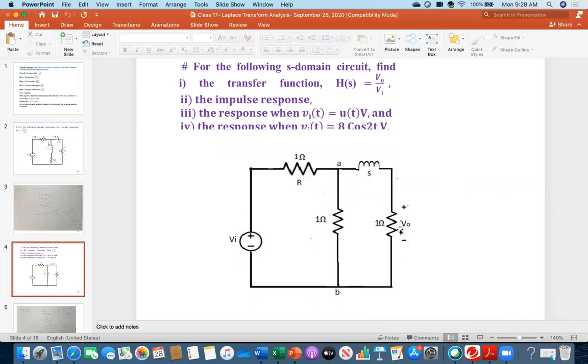And here it is V0. You have to find V0 over Vi. Vi is the input, as it is; you just need to find V0. It is exactly the similar process that we did right now in the previous problem. If you can find the current flowing through the 1 ohm, and that current multiplied by 1, that is your V0.